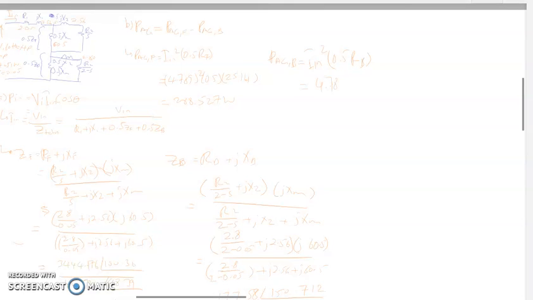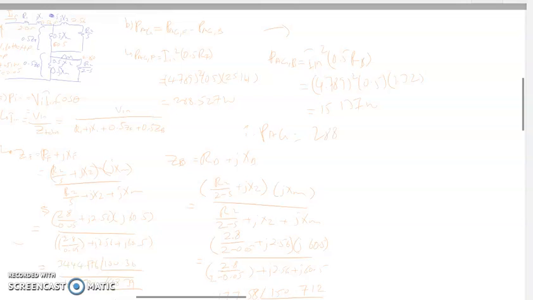So I will use the same value of 4.789 squared times 0.5 times RB, which we have calculated just now, of 1.32 ohms. So you will get 15.137 watts.